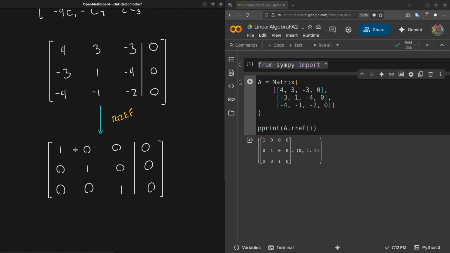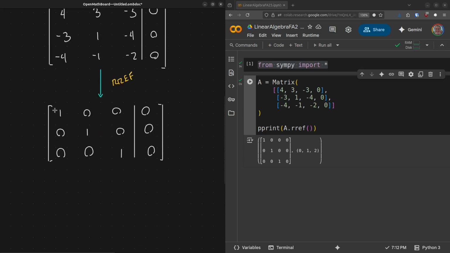Okay. Every column has a leading entry, and so I don't have any free variables. I also know that I have a solution. I don't have any rows that look like this with a non-zero entry on the other side of the augmented bar here. Okay. So I know I have a solution, and because I don't have any free variables, it must be a unique solution.